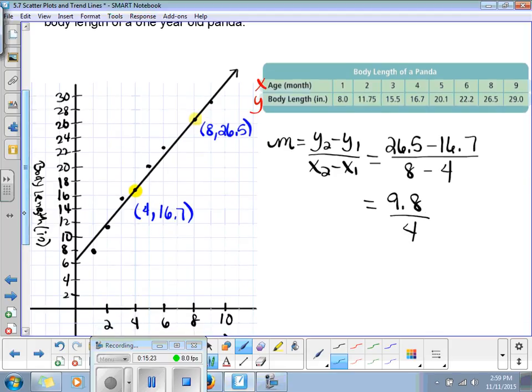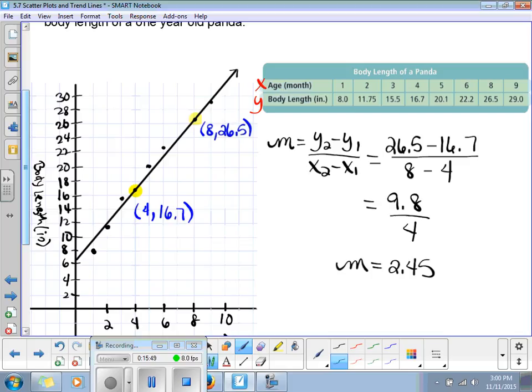Now, because we're dealing with decimals, it is okay for the slope to be in decimal form. So, what is 9.8 divided by 4? 2.45. Exactly. All right, so there is my slope.